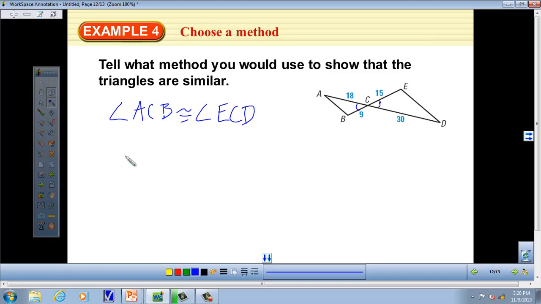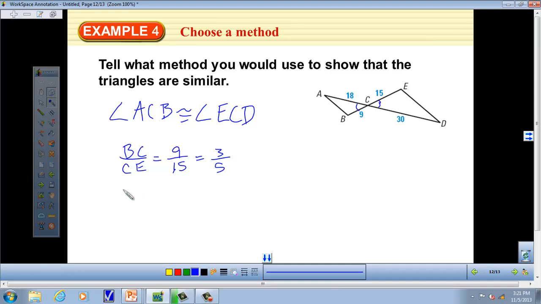And then remember, we want to compare short to short and then bigger to bigger. So BC matches up with CE in this case. In other words, the small side of this triangle matches up with the smaller side of that triangle. So we would say this is 9 out of 15. Both of those are divisible by 3, which gives us 3/5.